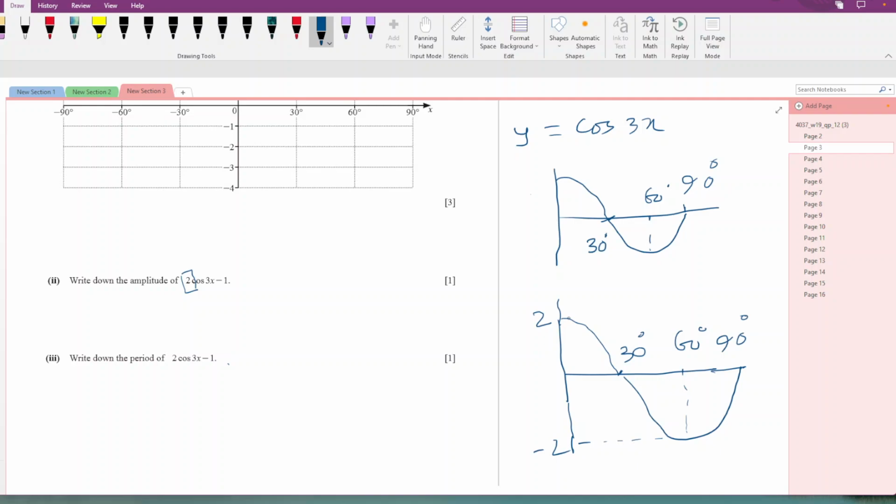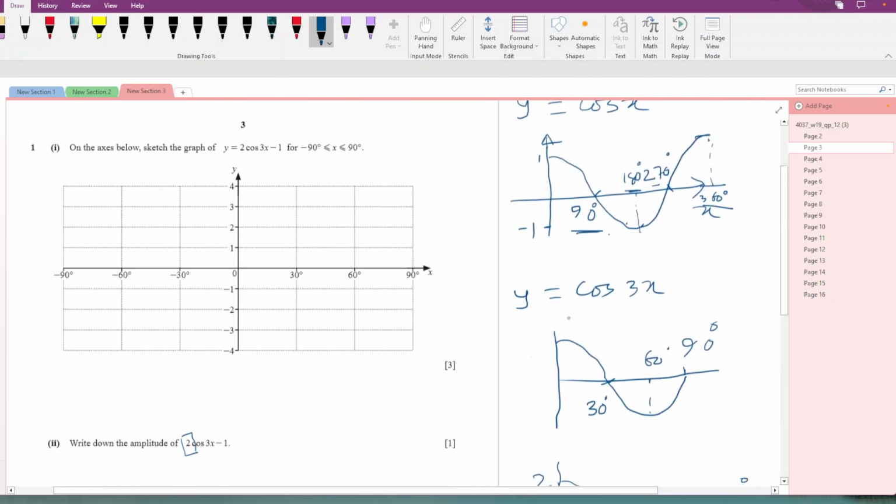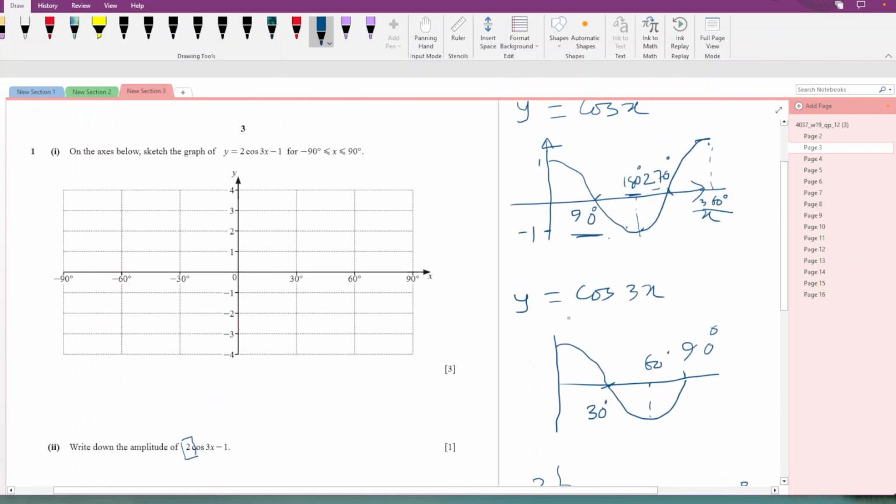But we have to draw y equals 2 cos 3x minus 1.